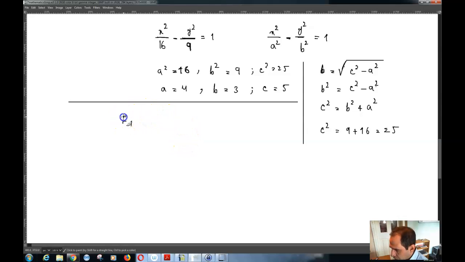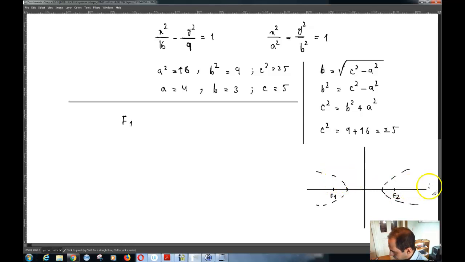Suppose this is the horizontal axis, these two points are your vertices, and these two points are your foci.